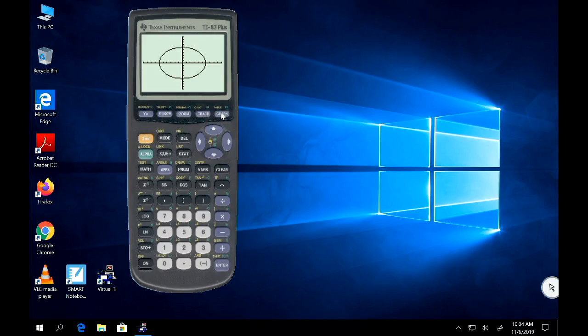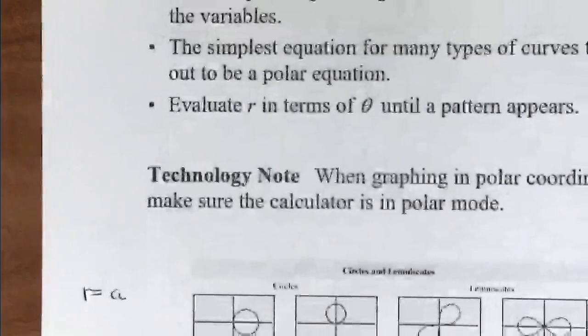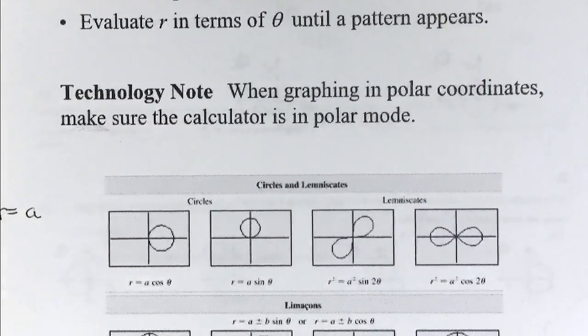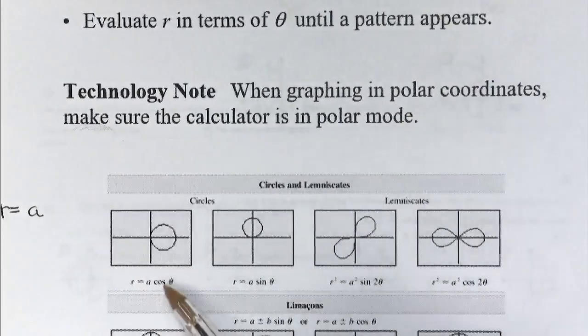So by the circles, you can put r is equal to a, where this is just some number. Whenever they mention a and b, it's because it's a number. So there's 3 different circles you could get. It could come in this form where cosine is linear with an a value out here.